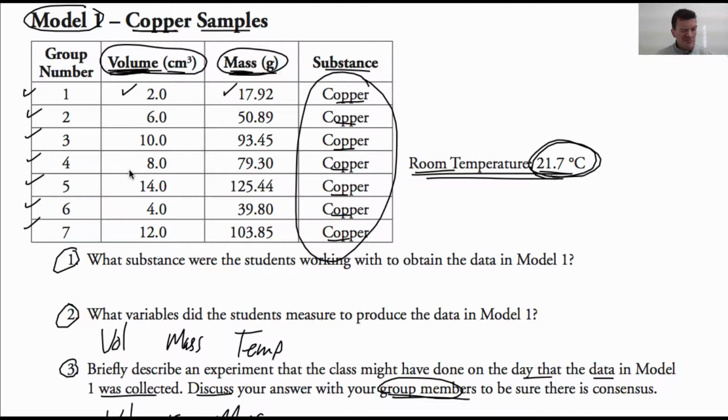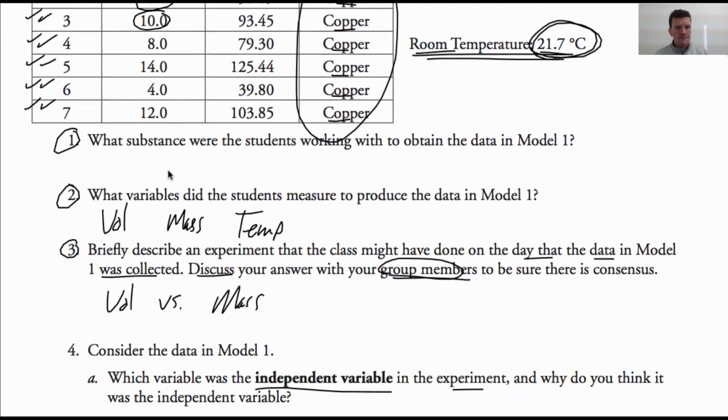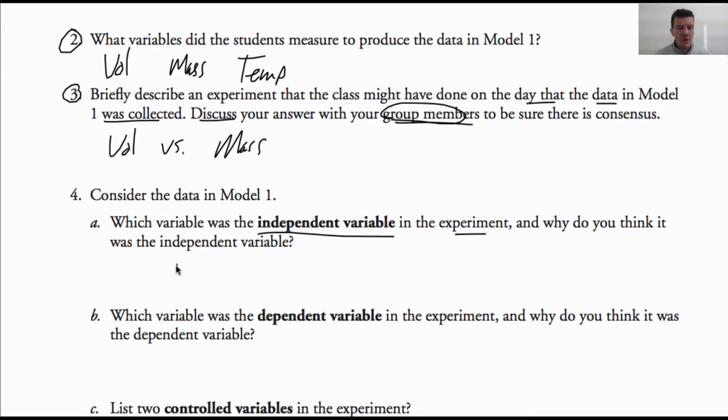So probably my guess would be that the instructor gave every group a different sample of copper, and those were different sizes. So probably volume is going to be the independent variable. Okay, the instructor just grabbed different size samples of copper. Doesn't know what the mass is yet. The instructor didn't mass them before maybe giving them to the groups of students. So in this case, your independent variable would be volume.